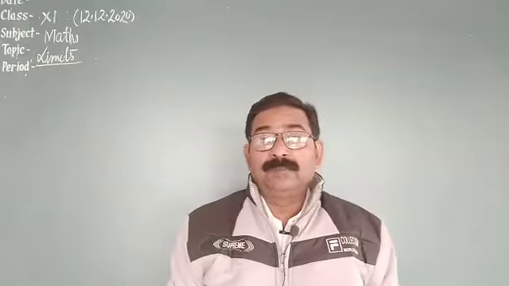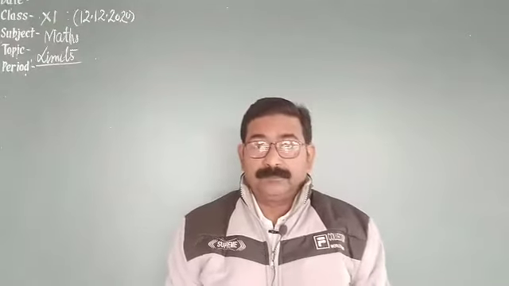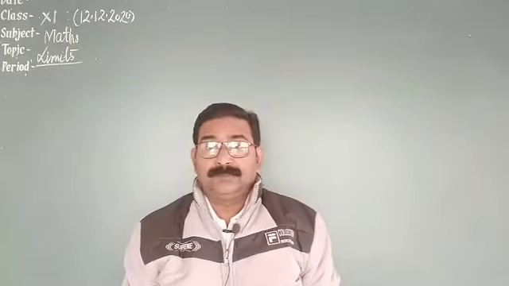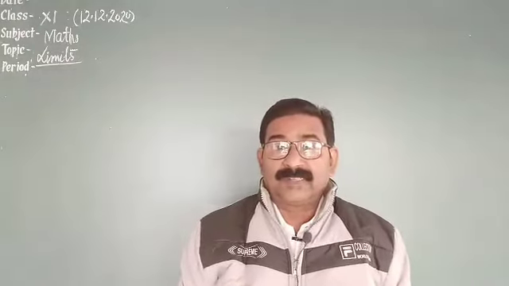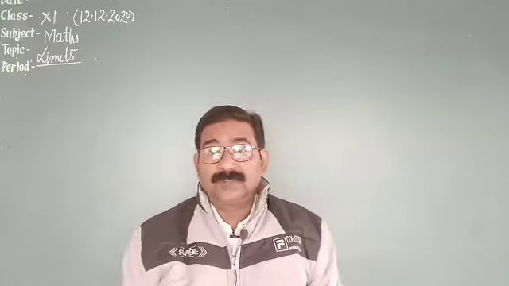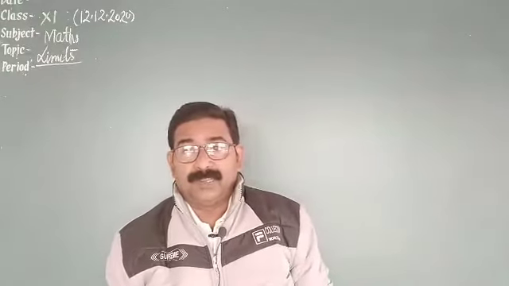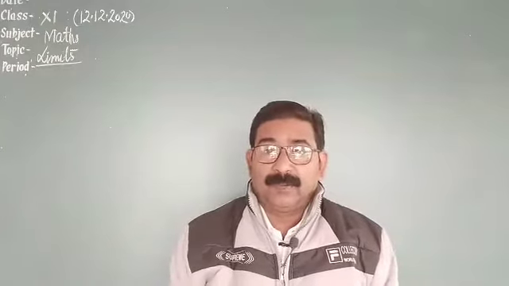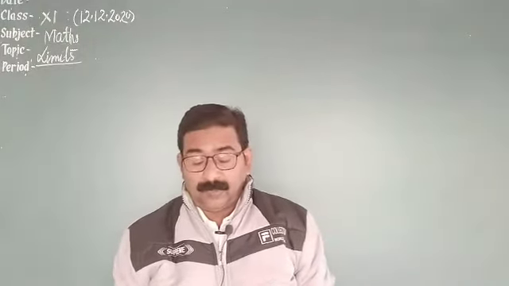I had also given you some formulae. I think you remember, like limit x tends to a, (x to the power n minus a to the power n) upon (x minus a) is equal to what? n a to the power n minus 1, another formula.